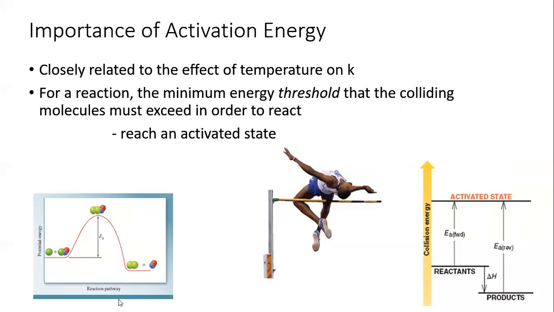And so when we're talking about activation energy and reactions, we usually use what's called an energy diagram. We'll talk more about this in a little bit, but this is referred to as an energy diagram. And on the left side, you have reactants. And on the right side are products.